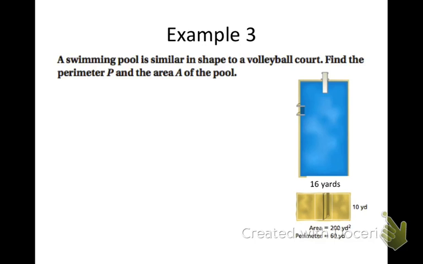So since they're similar, we know that the ratio of the perimeter of the pool to the perimeter of the court is going to form a proportion, or we can make a proportion based on the side length. So for the perimeter part, let's just write this down.